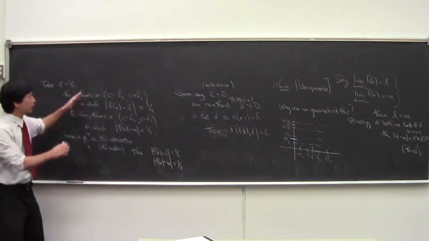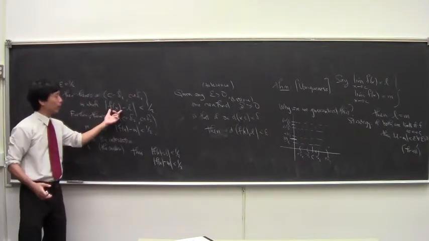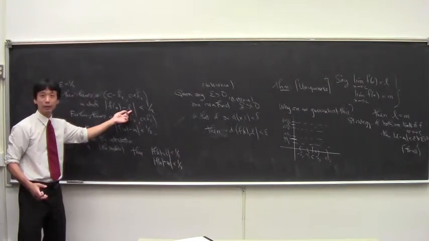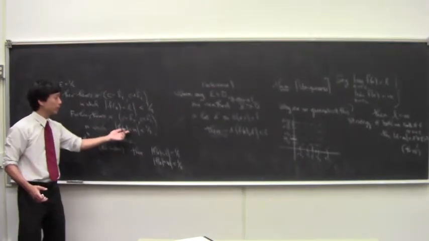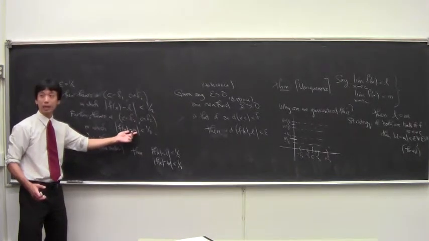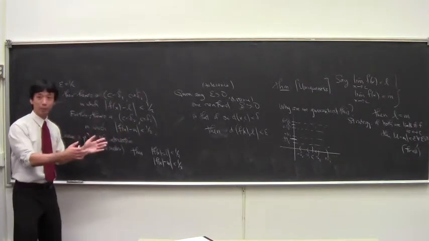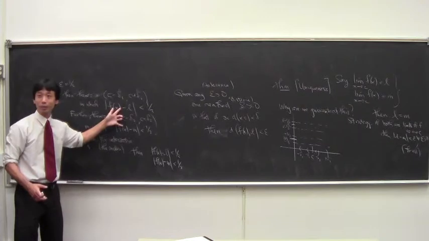Because lying in the first interval meant your output's distance to L was less than a half, and lying in the second interval means that your output's distance to M is less than a half. So if you lie in both intervals, both of these things are going to be true.